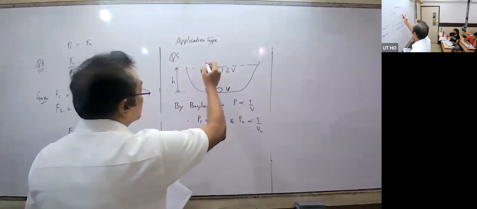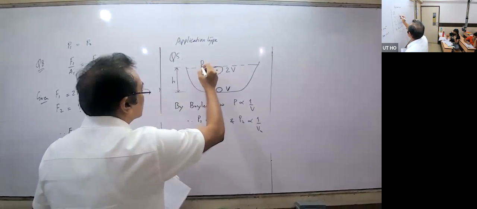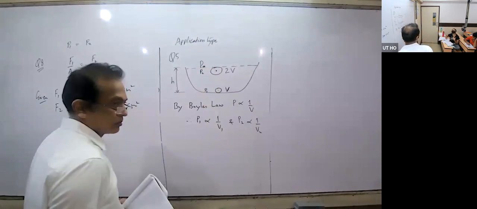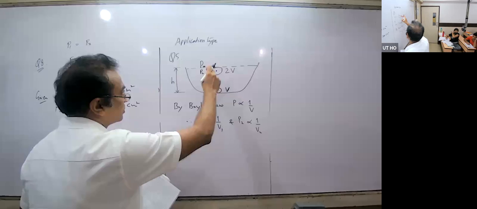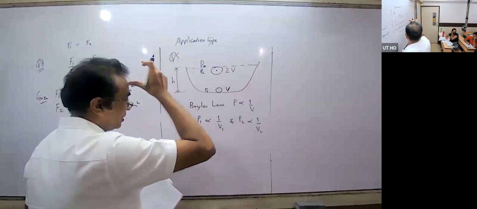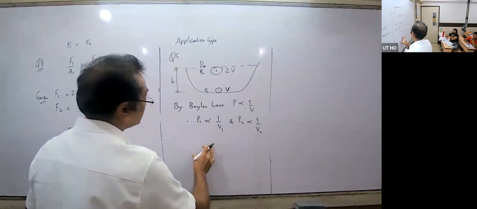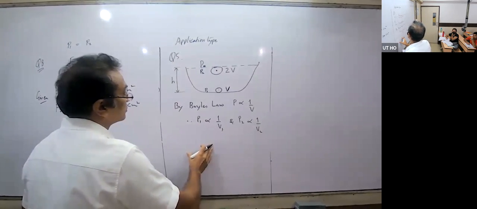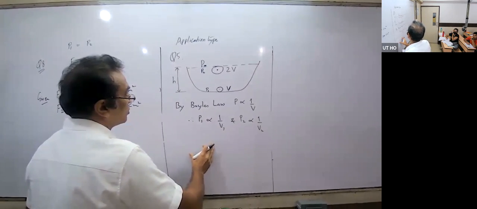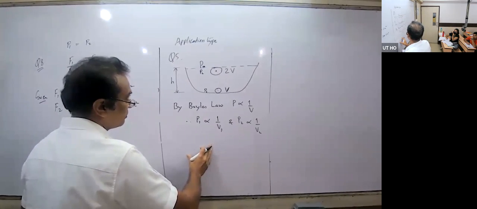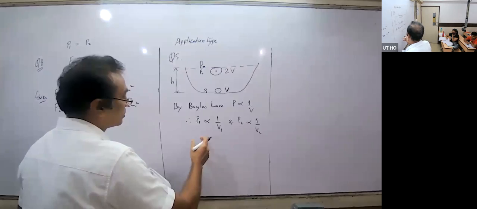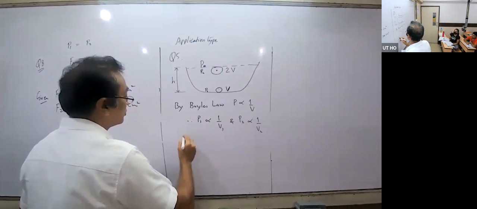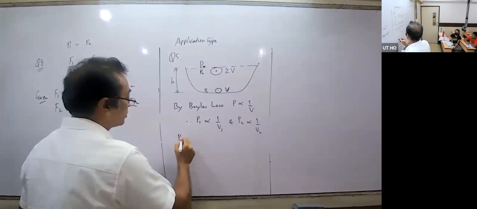Now atmospheric pressure will act till here, right? So P2 is the atmospheric pressure itself, P naught.